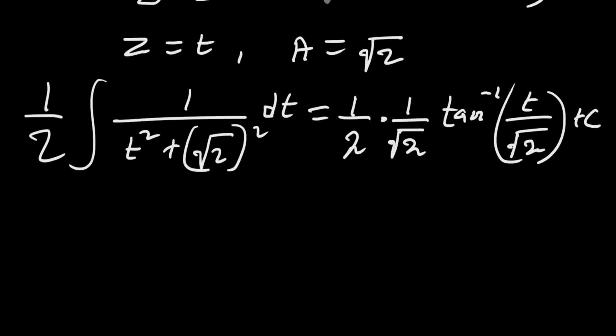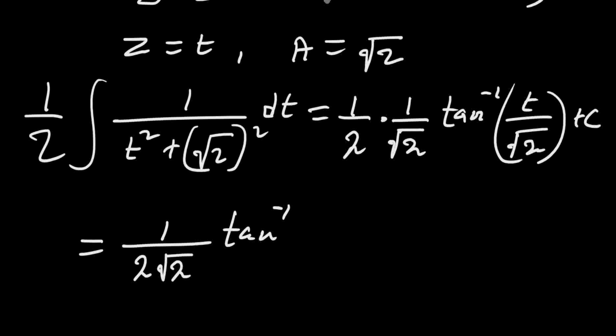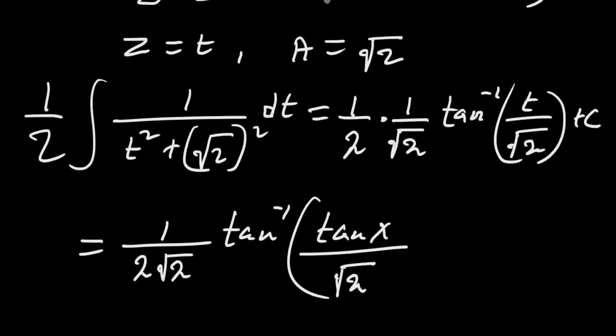So this will be equal to 1 times 1 is 1, and 2 times root 2 will be 2 root 2, the reciprocal of tan, and instead of writing t, we can simply write tan x over root 2, because we have defined t to be equal to tan x.